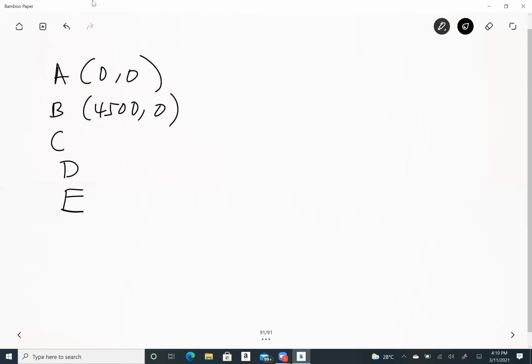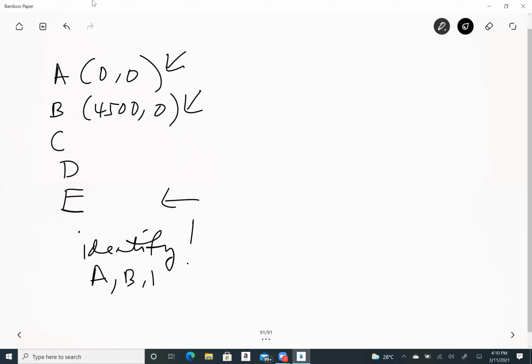These points you can identify from the graph because these are the intercepts. Of course, point E is also an intercept. A, B, E you can identify easily from the graph.